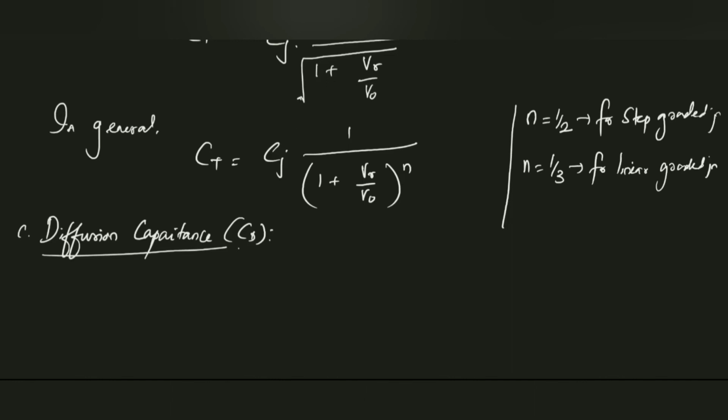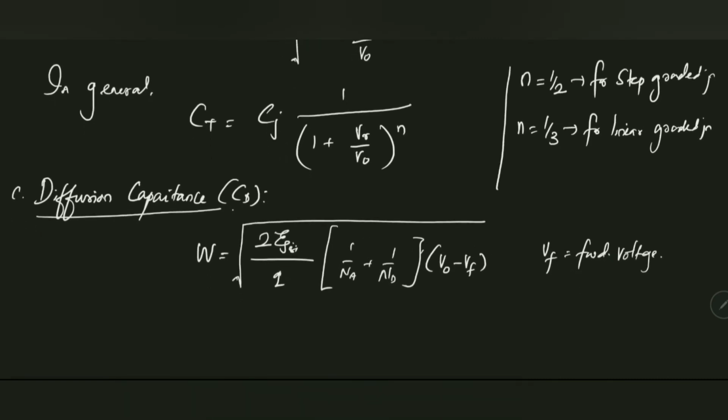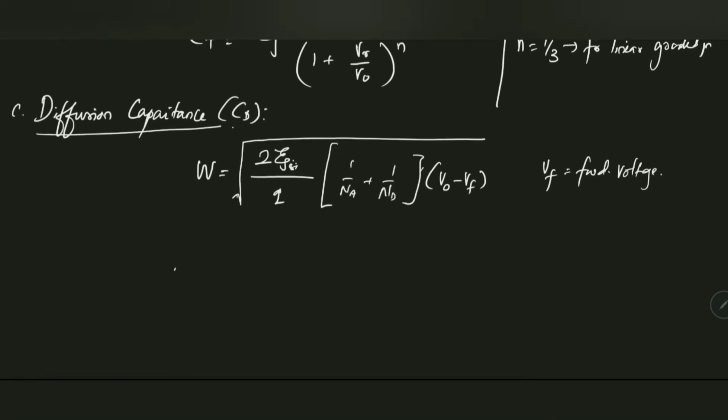So the width of the depletion layer, from the general expression, is 2 epsilon Si divided by Q times 1 divided by Na plus 1 divided by Nd into V0 minus Vf, because here the width is going to decrease. That's why I am subtracting the forward voltage Vf from the junction potential.